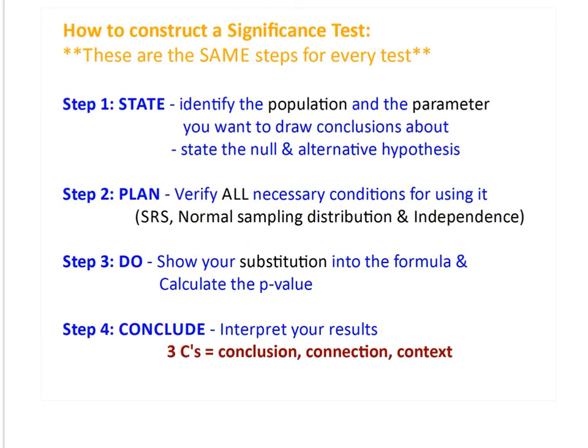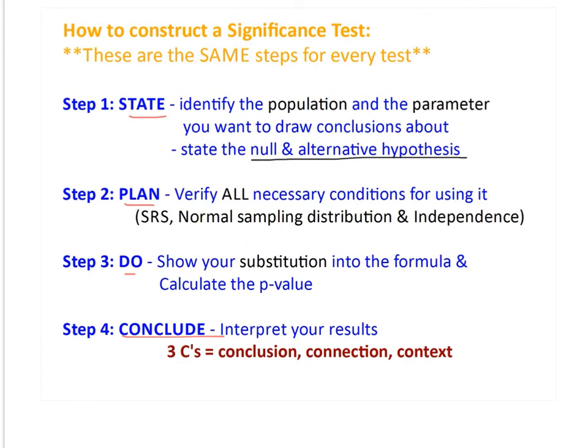So these are the 4 steps, like I said, of conducting a confidence interval or a significance test. The state, plan, do, conclude. State is the same population and parameter, but now I'm also adding the null and alternative hypotheses to the state step.